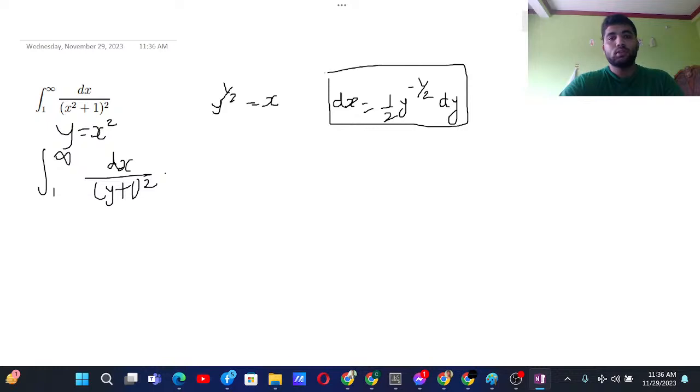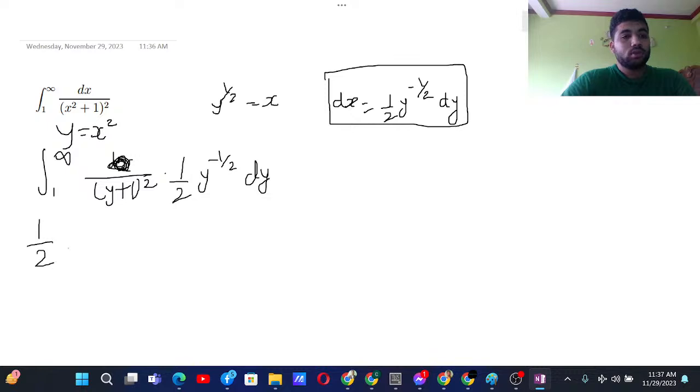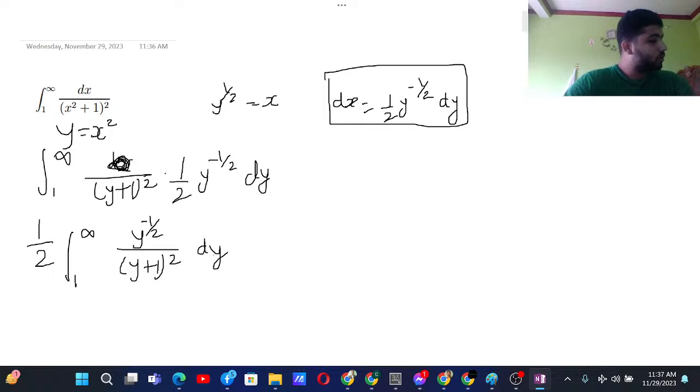I think this is fine. Okay, and let me replace dx with this thing. So that's just 1 by 2 integral from 1 to infinity y to the power minus 1 by 2 by y plus 1 square dy.